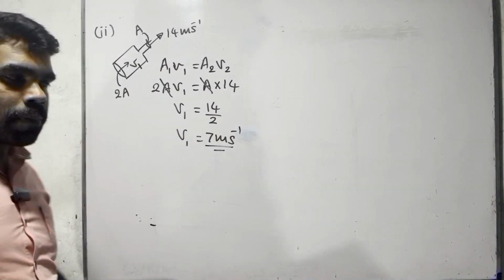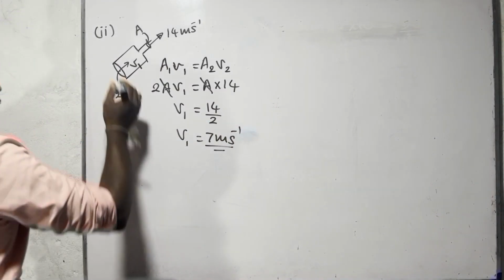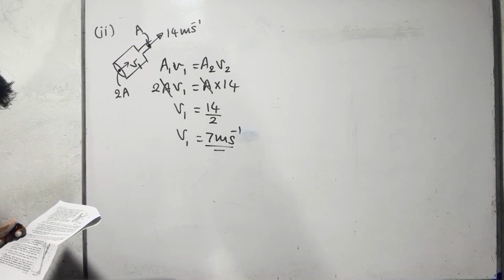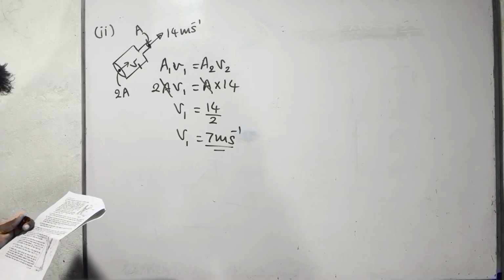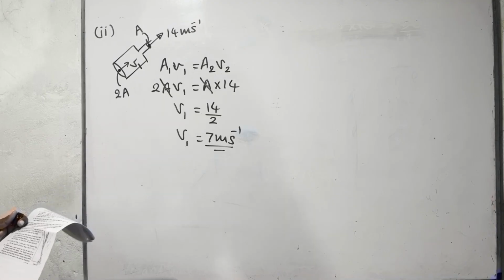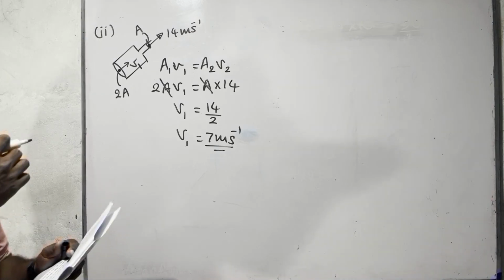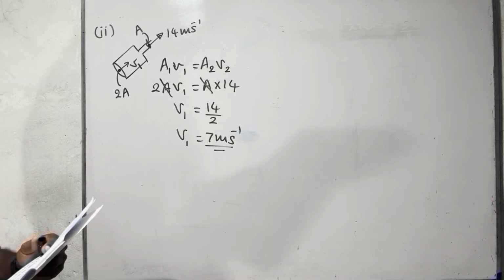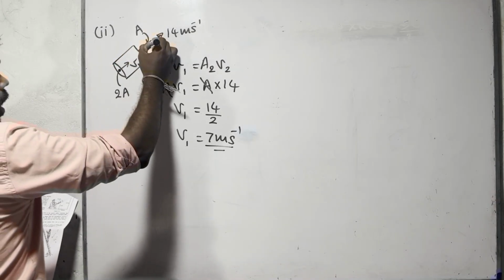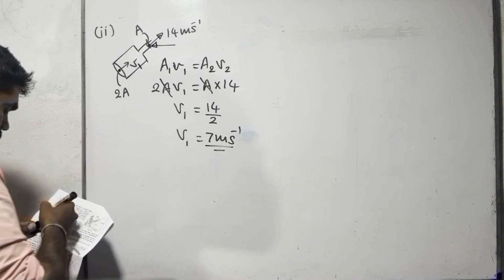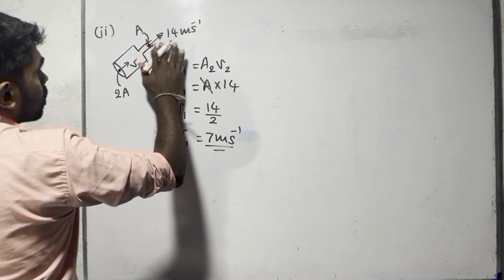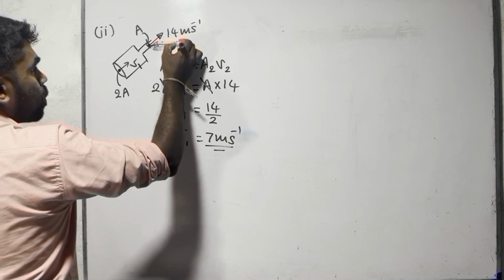We have to use Bernoulli's principle between this point and this point. They have given that the pressure of water inside the hose before the nozzle is higher than atmospheric pressure by a value of delta P. It means we know that pressure at this point should be atmospheric pressure.